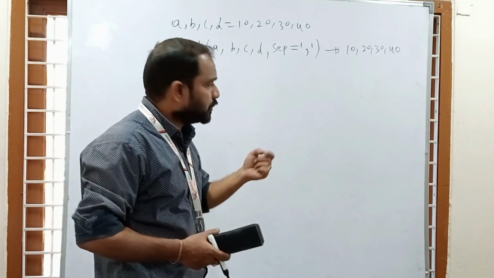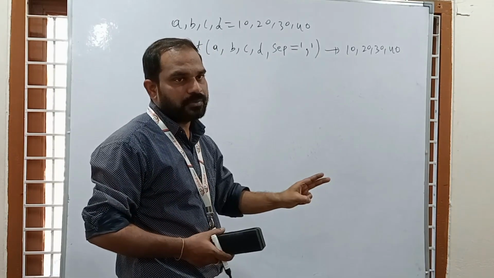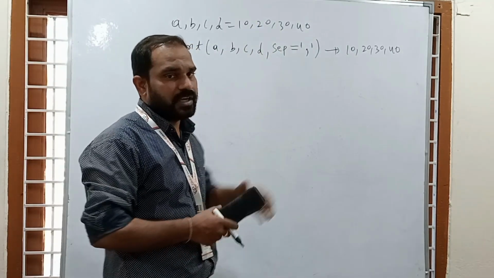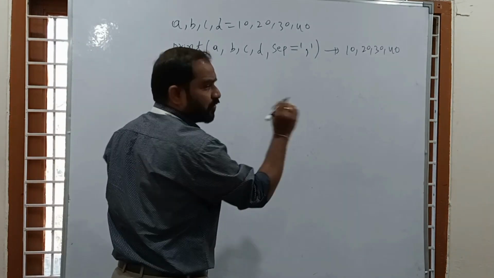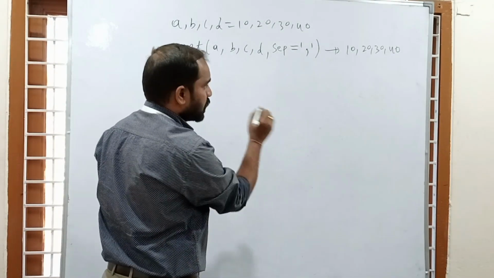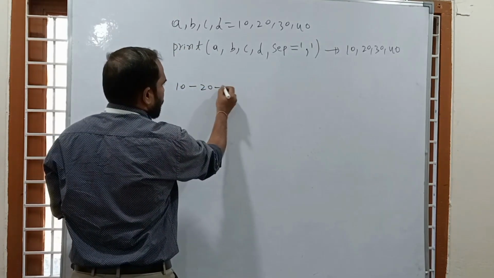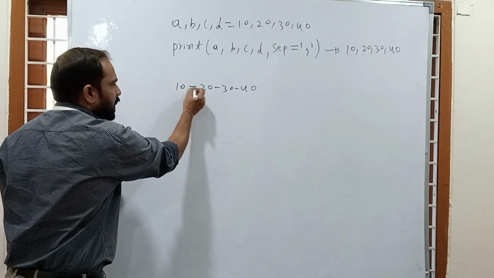But if you want to use a different separator, you can specify that particular value with this particular operator, which is sep. Okay, and then I want to use a hyphen, a dash, right? I wanted to print like this. In between two values, I need to get a hyphen.